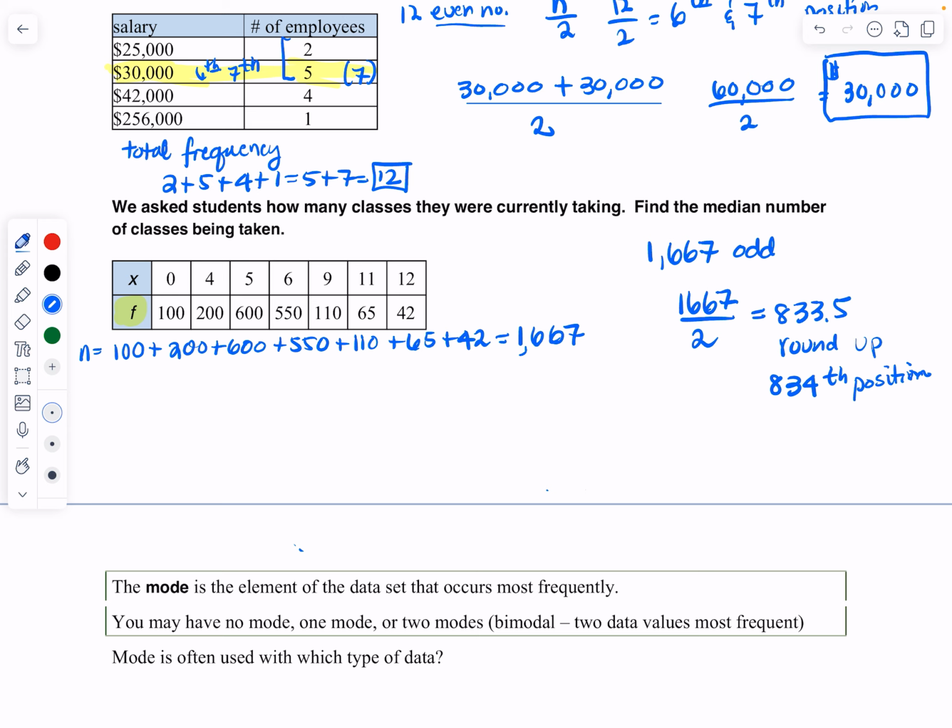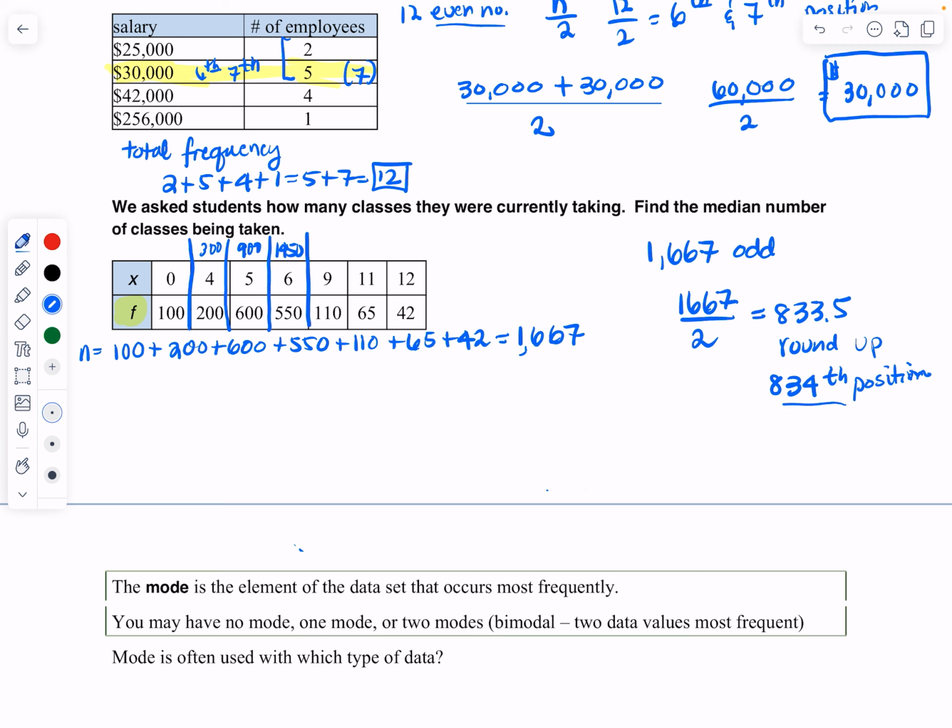If I look at 100 and 200, I get up to 300 for this right here. Then 300 plus 600, I'm at 900. Still too small. 900 and 550 gets me up to 1450, which is too big.